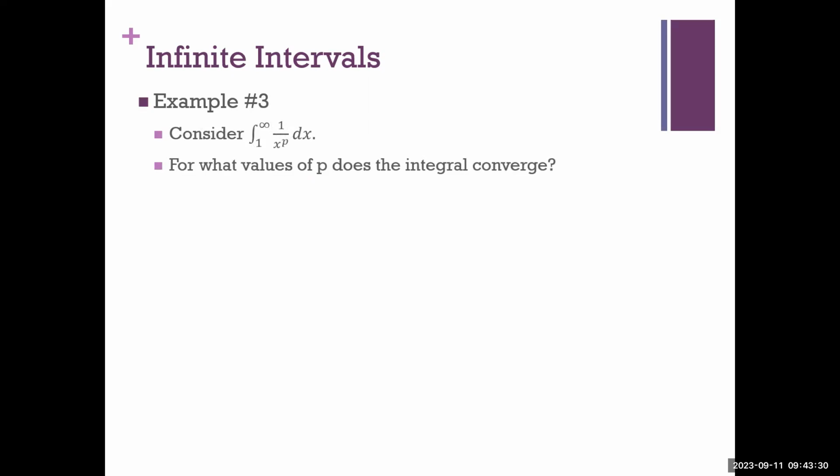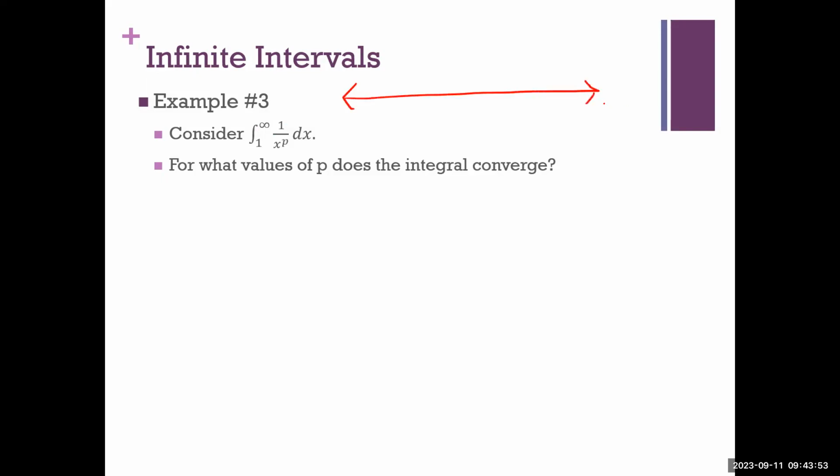So now let's look at this thing in general. The first two examples we looked at would have been in this form, 1 over x to the power of p, where p is some constant. What values of p do we think the integral will converge for? We have two examples so far, right?